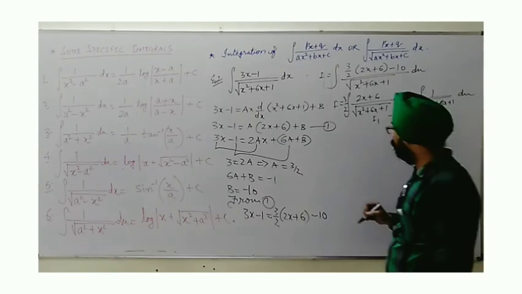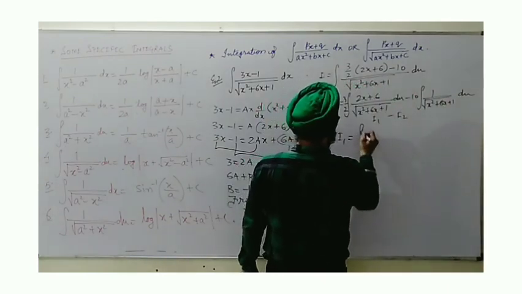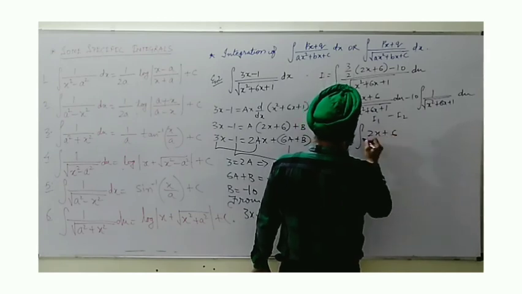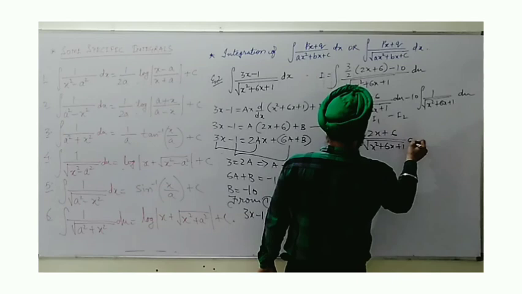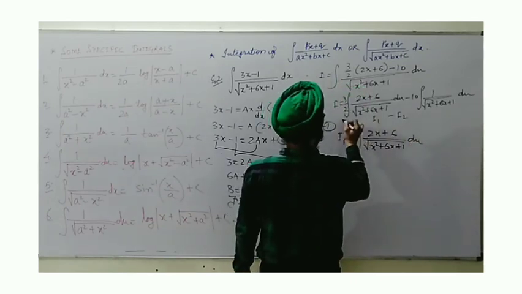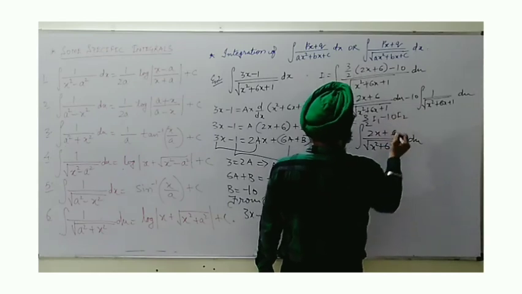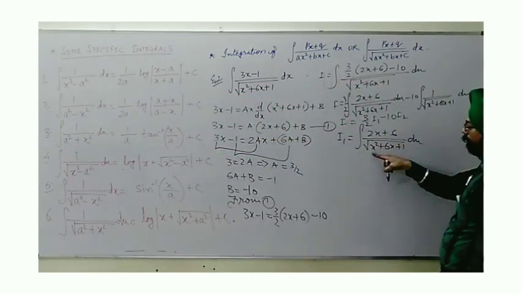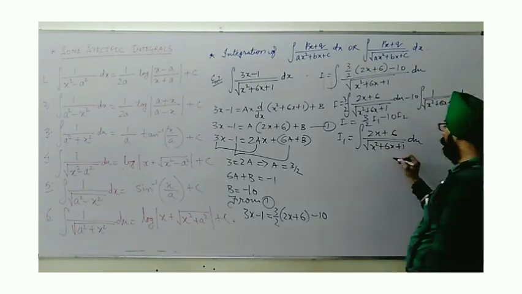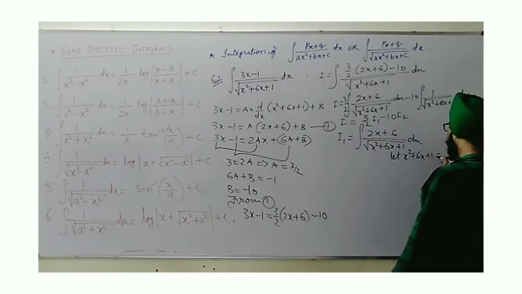We will solve I1 first. I1 is equal to integral of 2x plus 6 upon under root x square plus 6x plus 1 dx. Let's write this first completely: 3 by 2 I1 minus 10 I2. Now we proceed. Here we know that the numerator is the differentiation of the quadratic polynomial, so substitute x square plus 6x plus 1 as t.